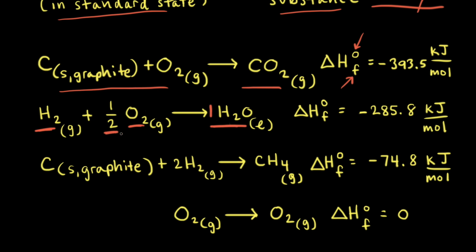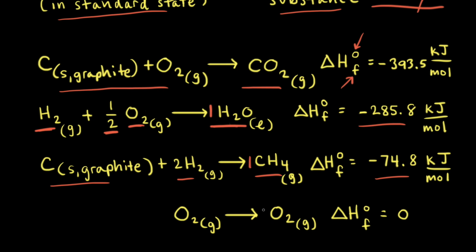The standard change in enthalpy of formation for the formation of 1 mole of water is negative 285.8 kilojoules per mole. We can do the same thing for the formation of 1 mole of methane, CH4. We already know that the most stable form of carbon is graphite, and the most stable form of hydrogen is hydrogen gas. And the standard change in enthalpy of formation for the formation of 1 mole of methane is equal to negative 74.8 kilojoules per mole.